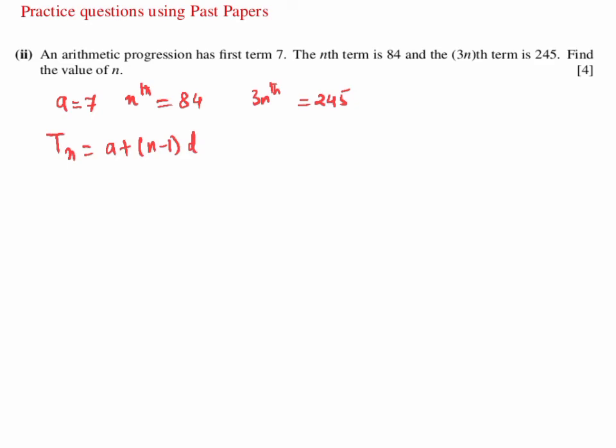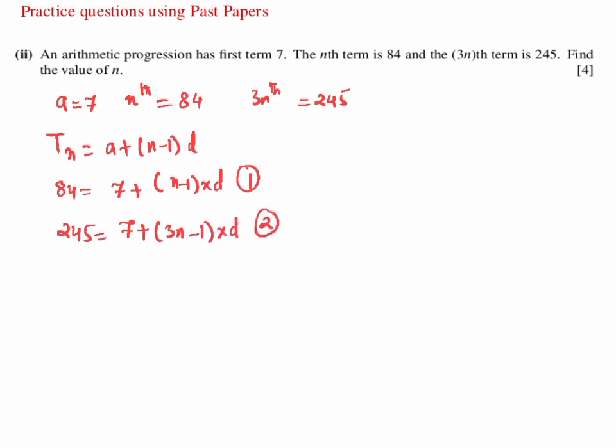So nth term is 84 means 84 equals 7 plus n minus 1 into d. This is equation number 1. Now we'll get another equation, that is 245 for the 3nth term, that is 7 plus 3n minus 1 into d. This is equation number 2.